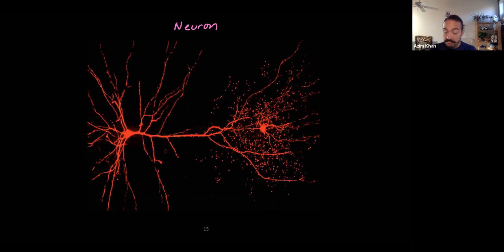What are some terms to describe the structure of a neuron? It branches a lot. I would say that's the main structural term we can use to describe the shape of a neuron. A neuron branches a lot. In terms of its function, communication.